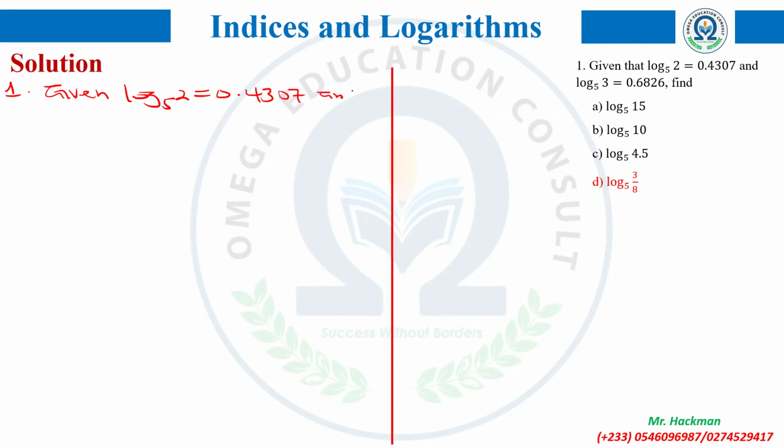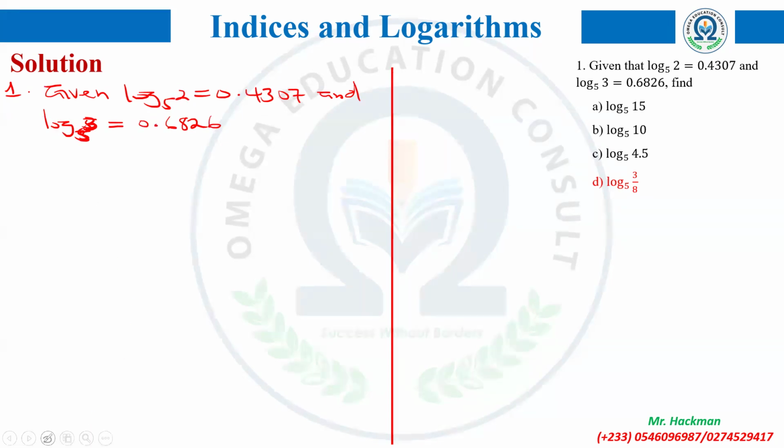And we are also given log to the base 5 of 3, equal to 0.6826.